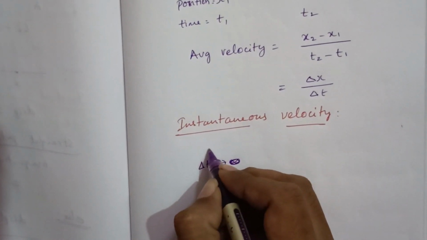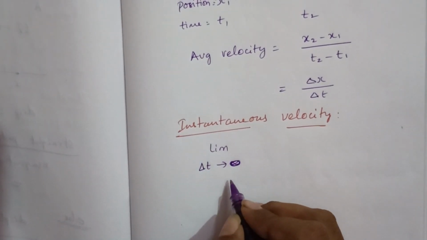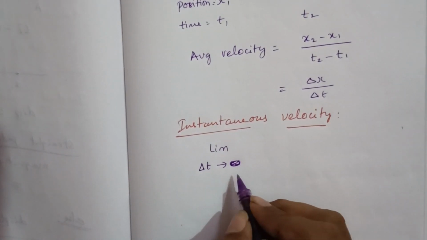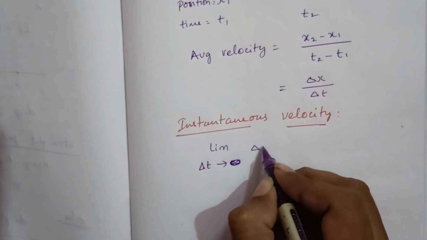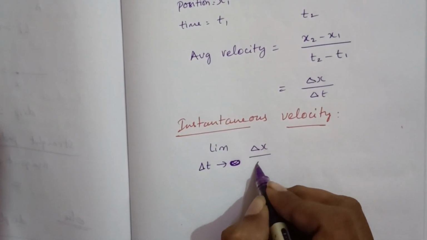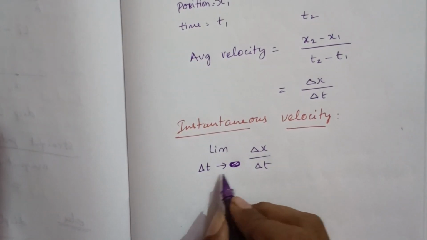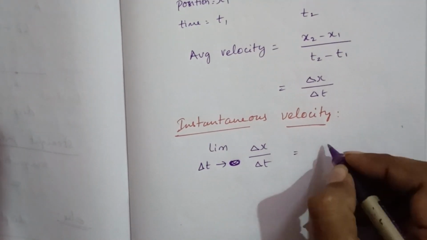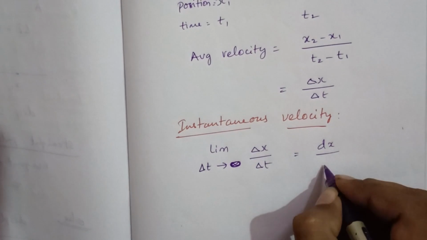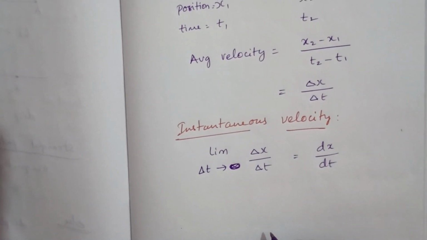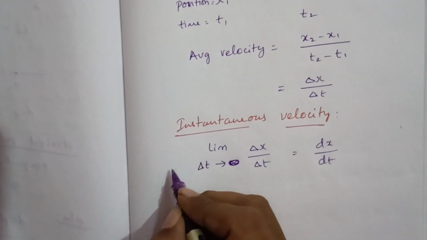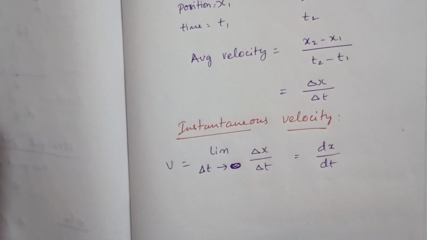So limit delta t, change in time, tends to 0 of delta x by delta t. When delta t tends to 0, we can write it as dx by dt. This is the instantaneous velocity.